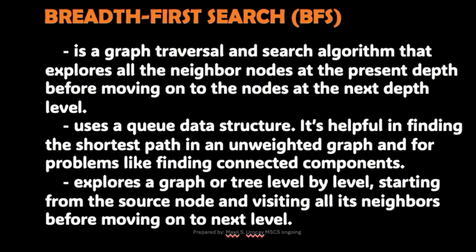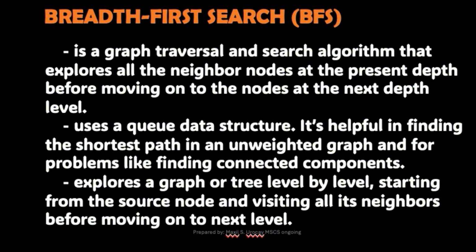It is helpful in finding the shortest path in an unweighted graph and for problems like finding connected components. We explore a graph or tree level by level, starting from the source node and visiting all its neighbors before moving on to the next level.